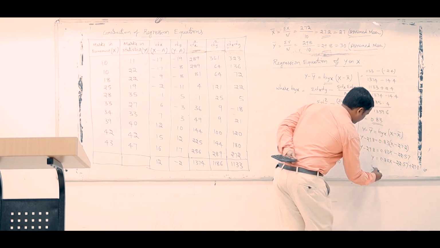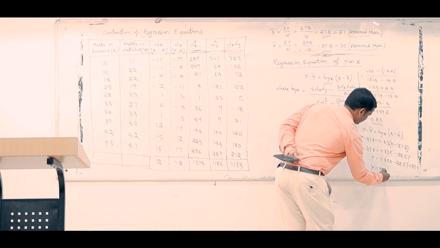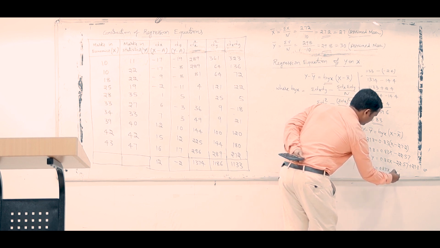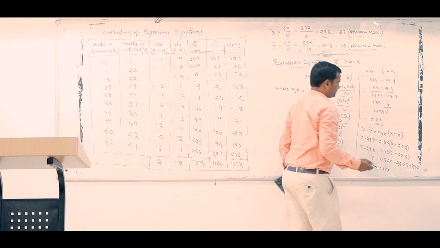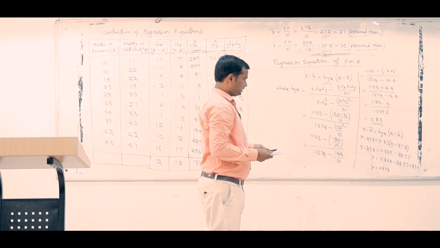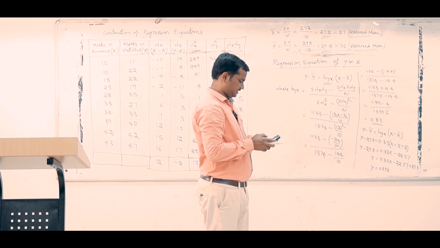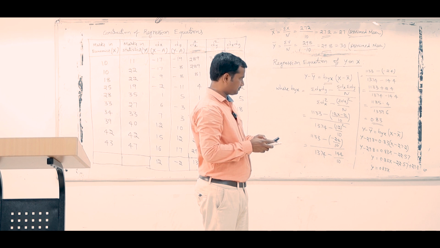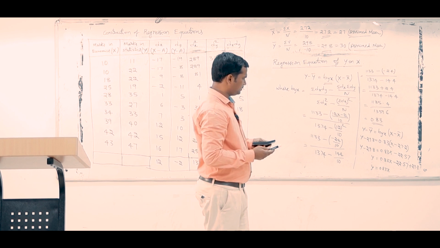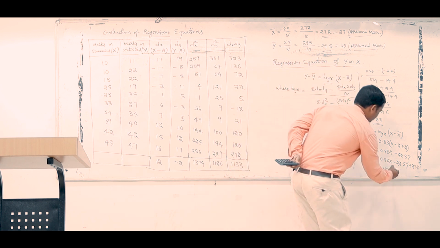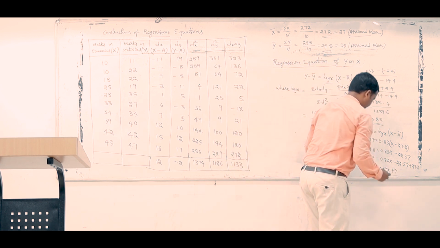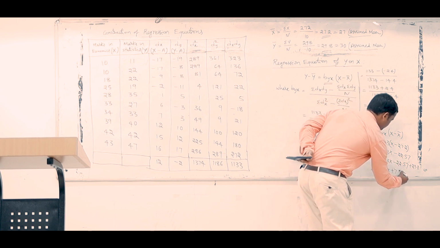So finally y will be 0.83x minus, here 29.8 minus 22.57, so it will be 7.23.